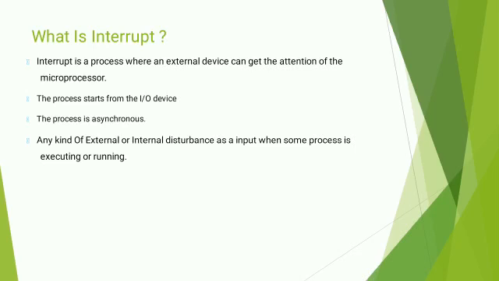What is an interrupt? Interrupt is a process where an external device can get the attention of the microprocessor. The process starts from the I/O devices. The process is asynchronous. It is any kind of external or internal disturbance given as input when some process is executing or running.